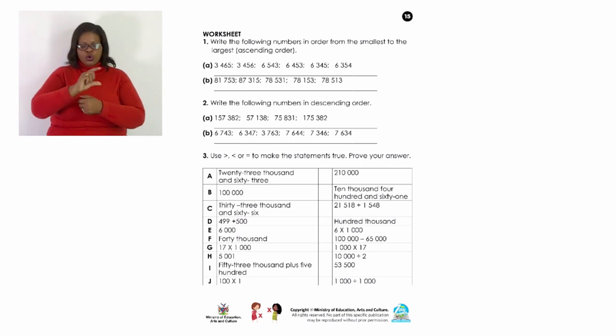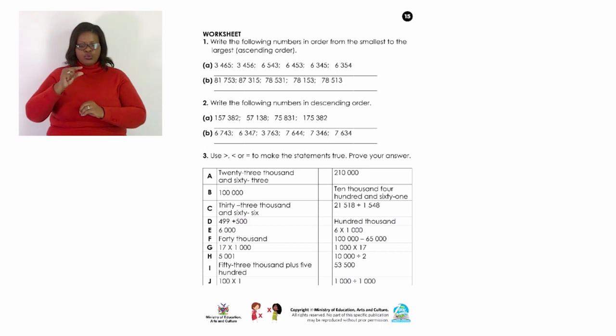And that is also called ascending order. So the numbers are there, under A and B, so you have to arrange them. Number two, you need to write the following numbers in descending order.